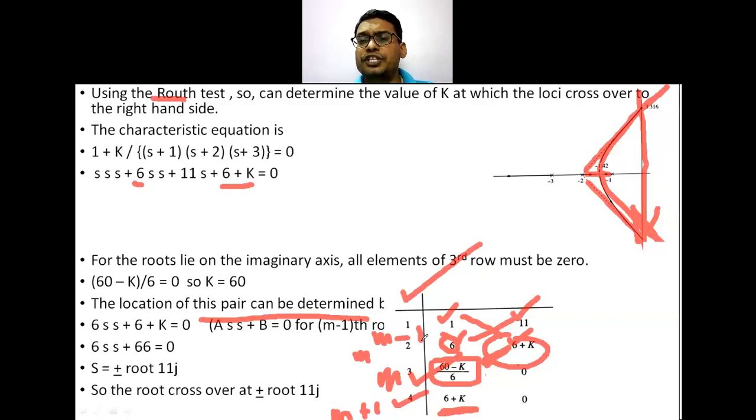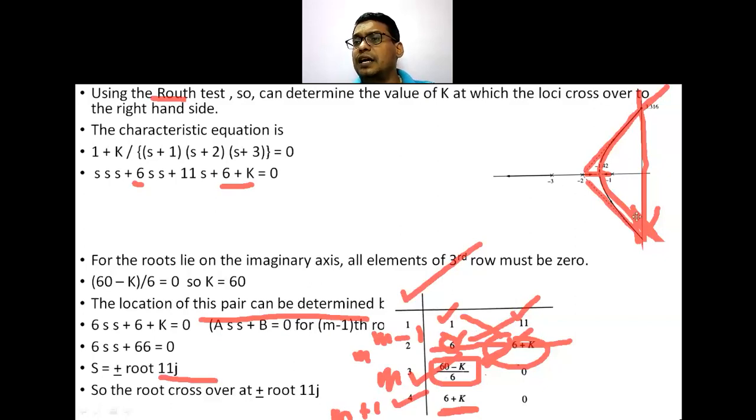The coefficients of the m minus 1th row are 6 and 6 plus k, so 6s square plus 6 plus k, which after simplification gives s equal to plus minus root of 11j.